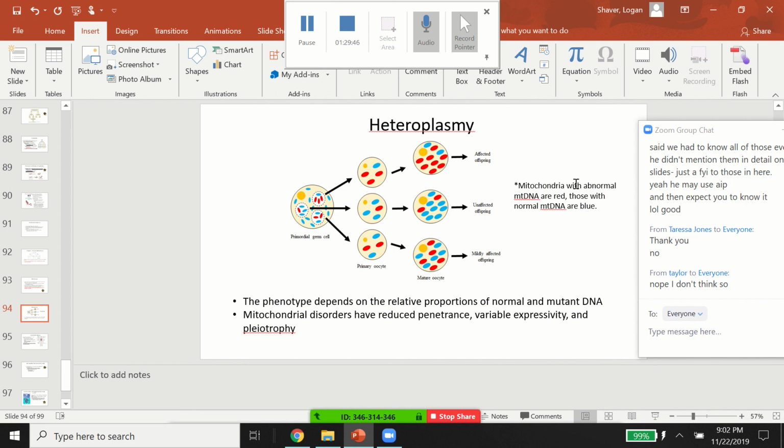The mitochondria with the abnormal DNA is red, so the more red it has, the more affected the offspring is. Notice that if it arises from this germ cell with this kind of mitochondria in it, then it's going to be very affected. And this will be unaffected because it has less red, and this has a middle amount, so it's going to be mildly affected.